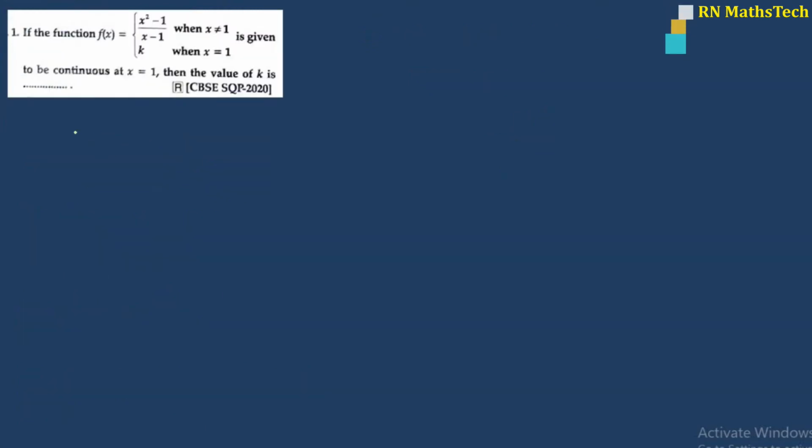if the function f of x equal to x square minus 1 by x minus 1 for x not equal to 1, and k for x is equal to 1, that is a given function, is continuous at x is equal to 1. Since the function is continuous at x is equal to 1, limit x tends to 1 f of x is equal to f of 1.